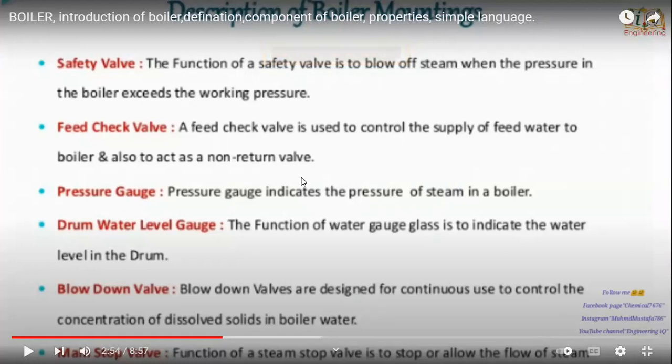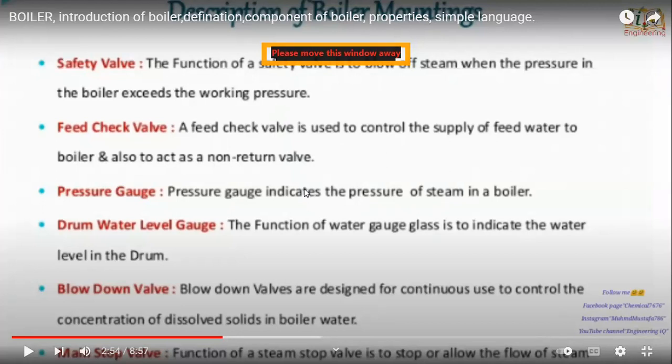So students, these are the 7 most important boiler mountings. Remember them, because in all examinations boiler mountings and boiler accessories are asked every time.